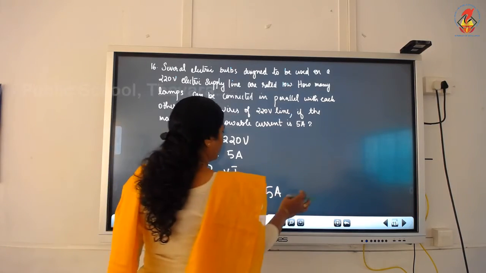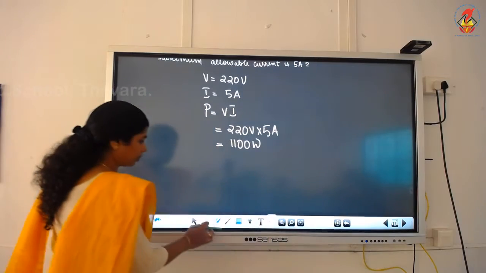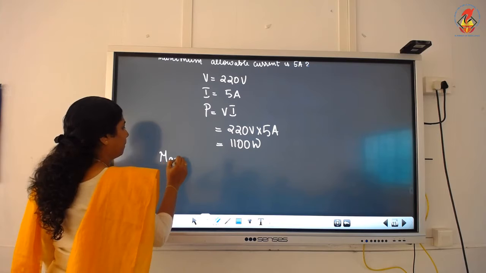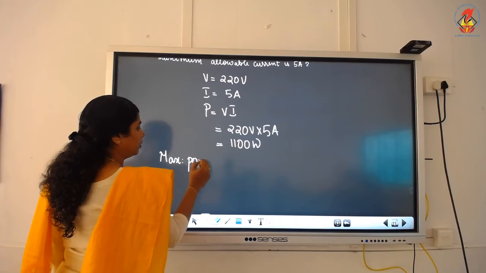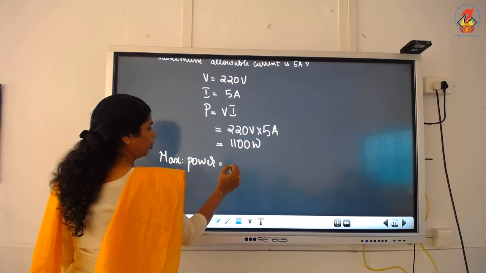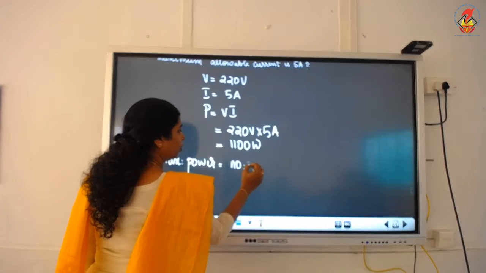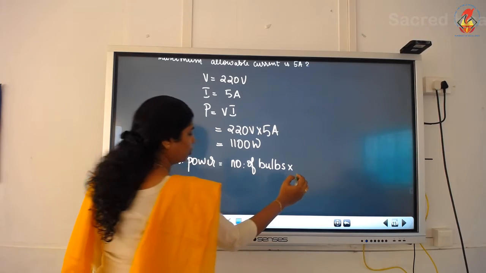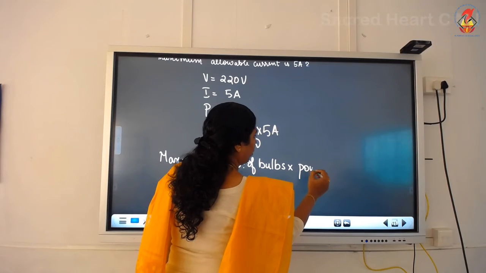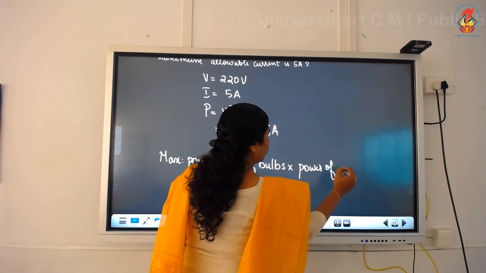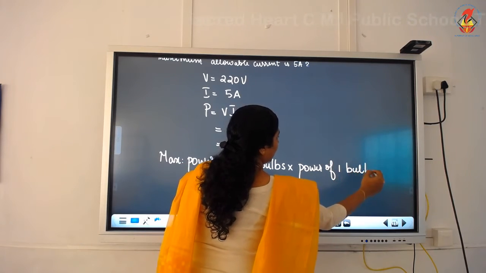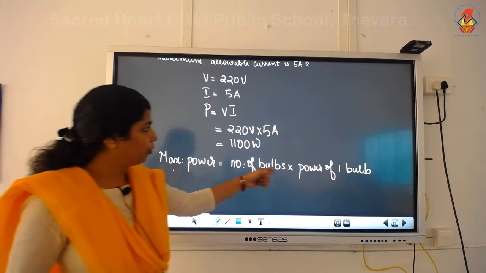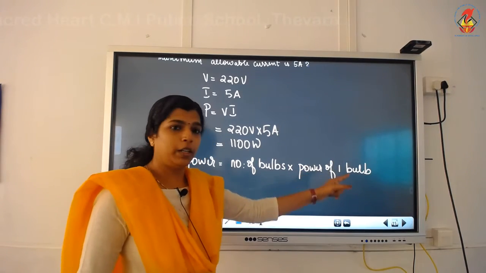So, maximum power is equal to number of bulbs into power of one bulb.